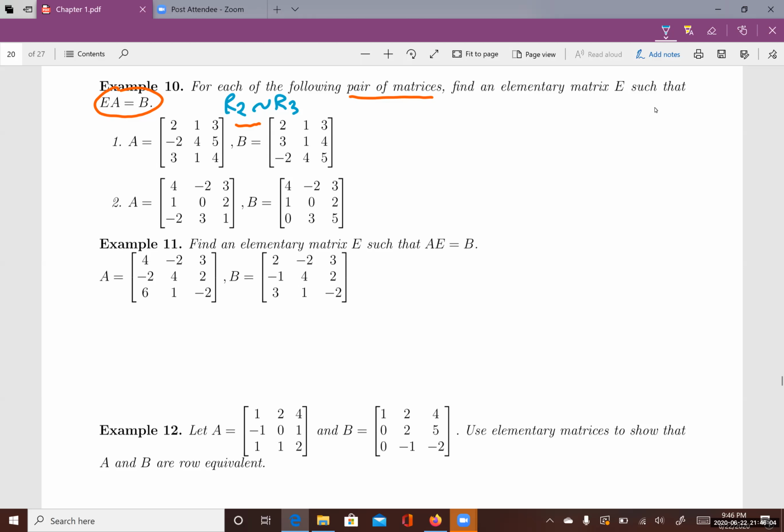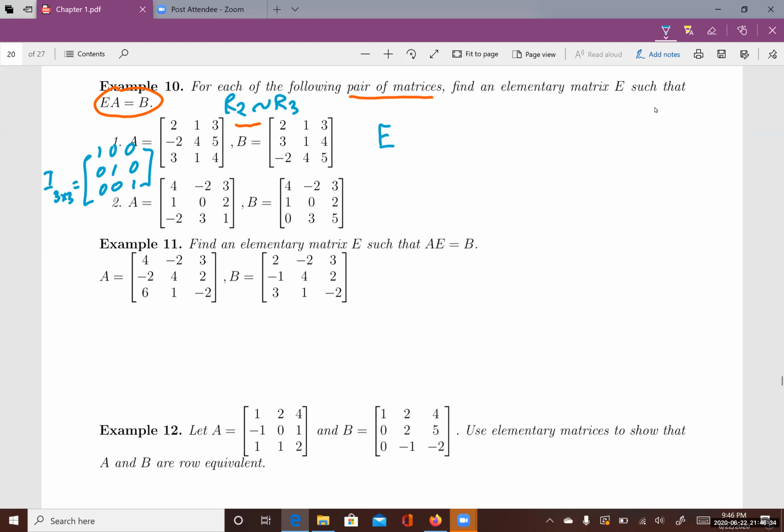So what is E? In order to come up with E, you have to start with an identity matrix. A 3 by 3 identity matrix is, let's say, I equals 1 0 0, 0 1 0, 0 0 1.